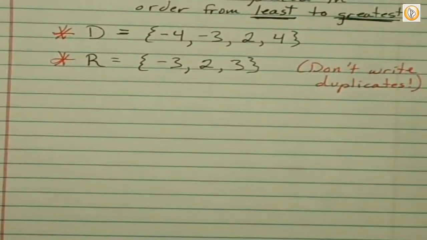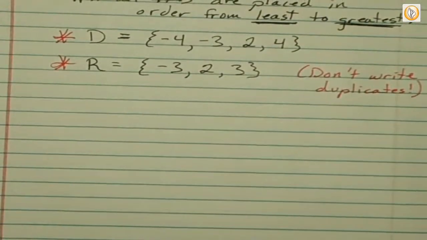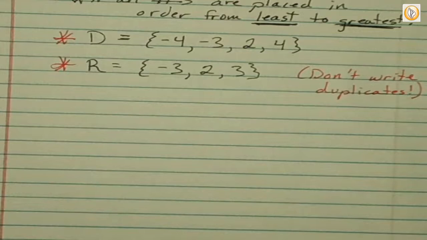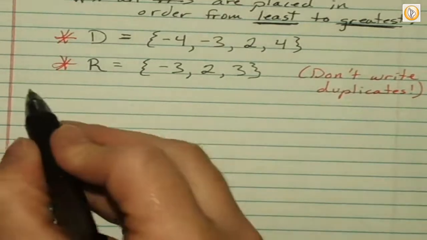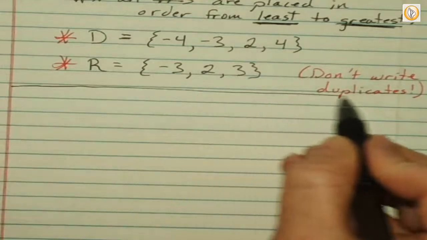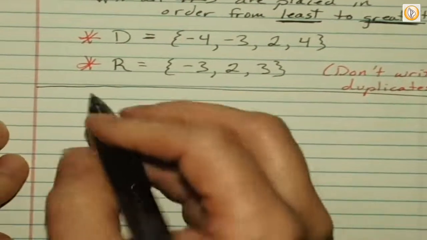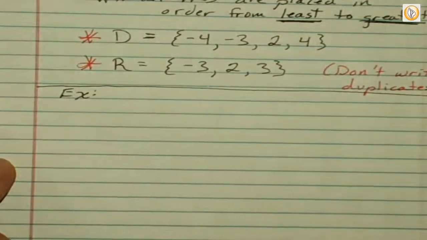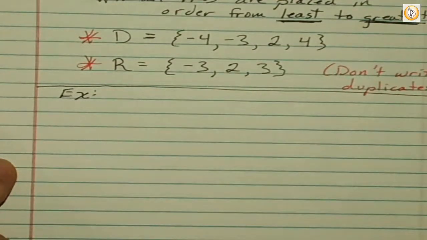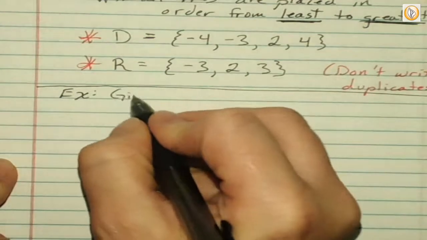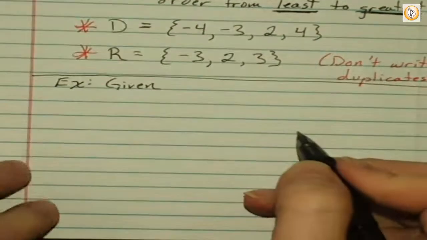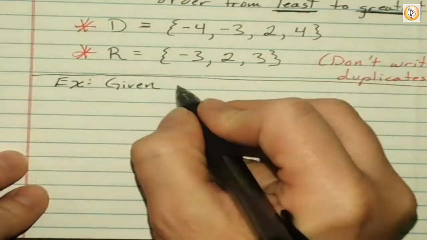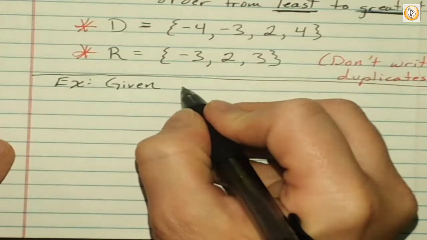All right, so I'm going to do an example. I don't know if I've got enough room. Yeah, I'll do it. Example. Let's say this is a problem. Not, you know what I'm saying, a math problem.